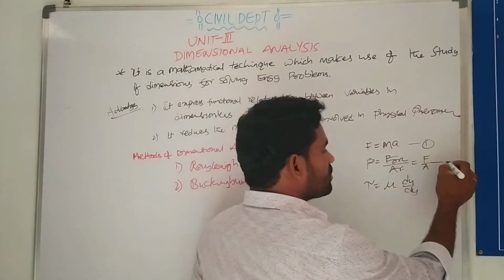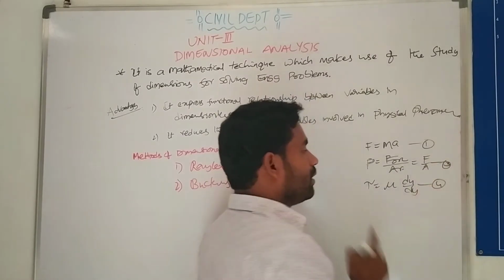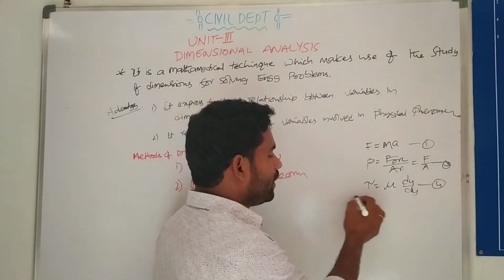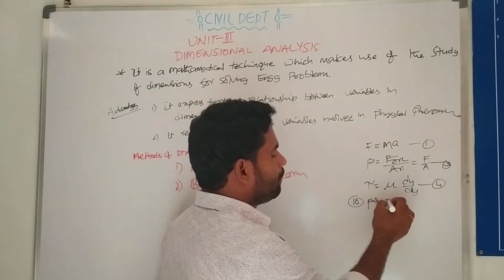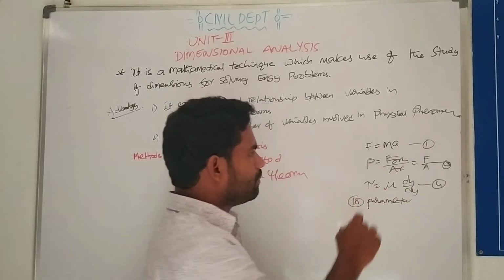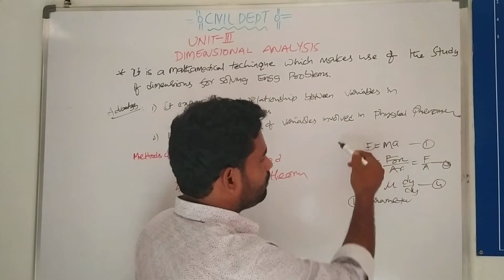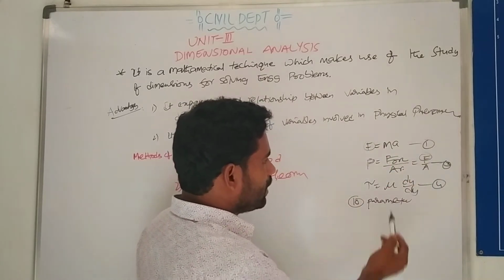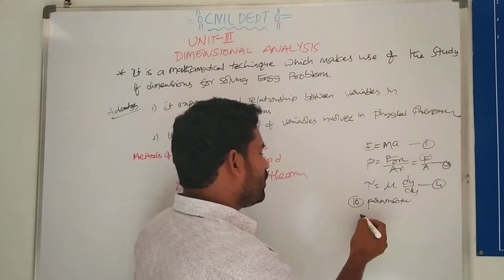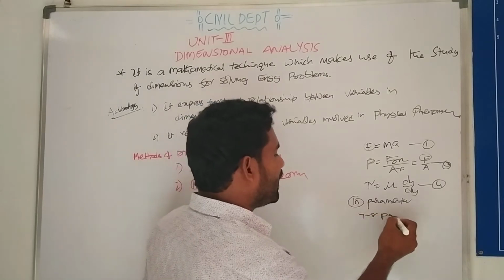In these three equations, we have around 10 parameters. Some are repeated, like F, so around 7 to 8 parameters will be there.